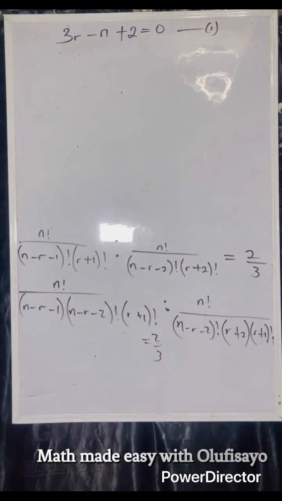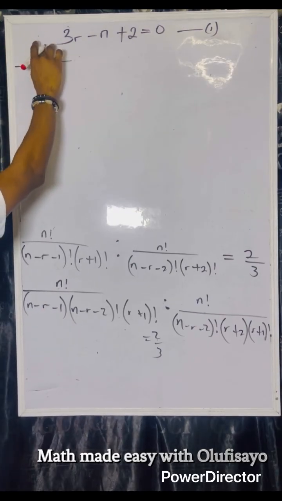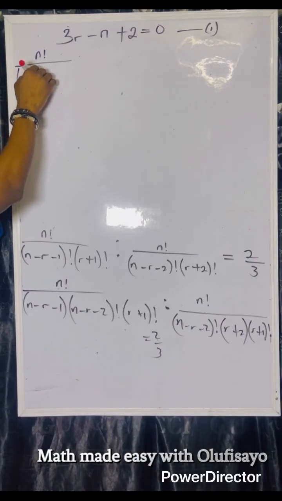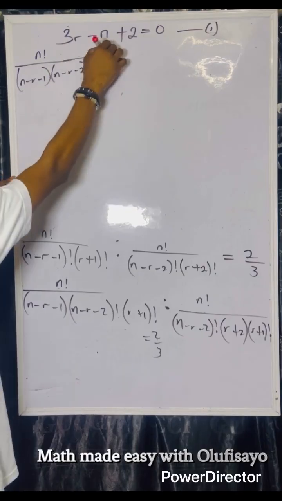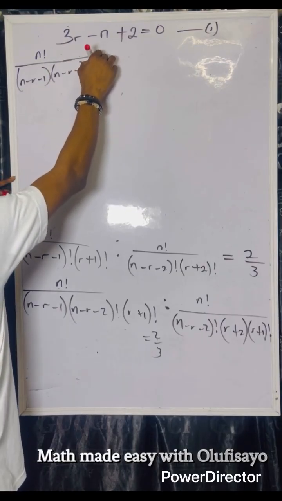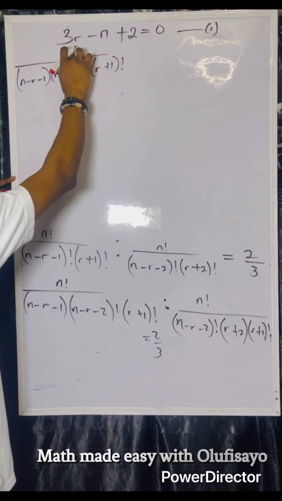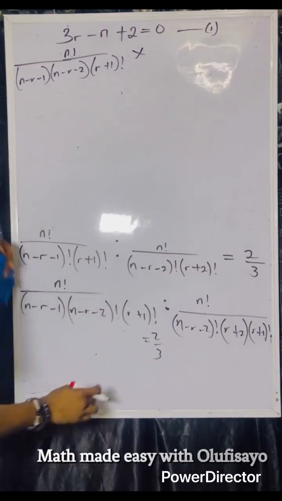Now, we have n factorial over (n minus r minus 1), (n minus r minus 2), then we have (r plus 1) factorial. Multiply, because ratio simply means what? Division.